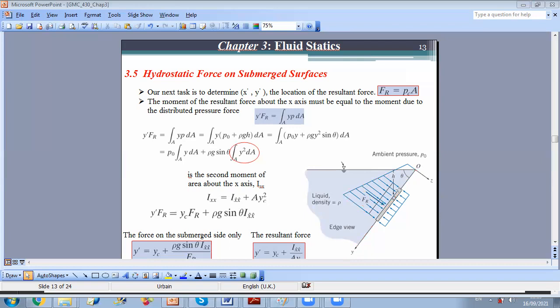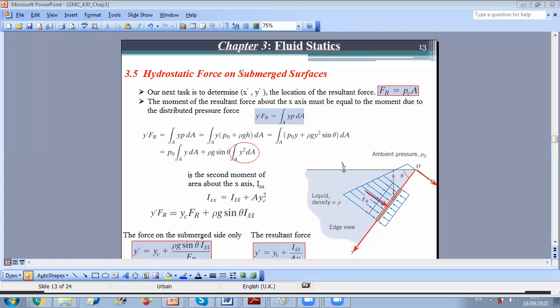Think about it. Your force is perpendicular to the surface, meaning parallel to the z axis, so this force cannot create a moment about z. And if you move your force along y, it does not create a moment about y. So when you move it along y, it creates a moment about x.